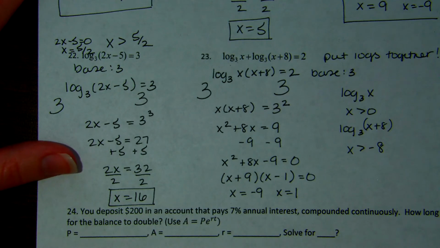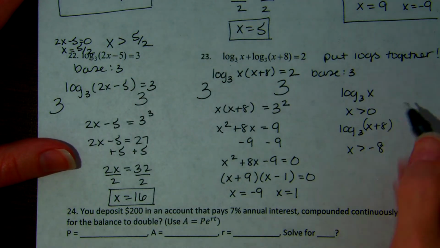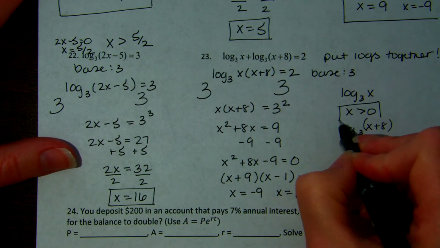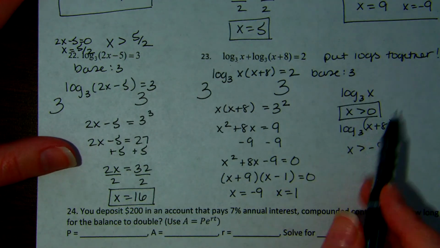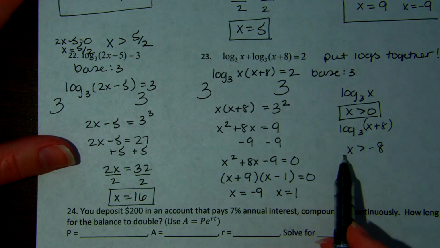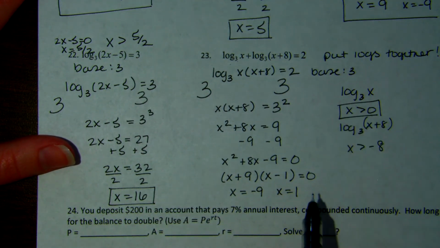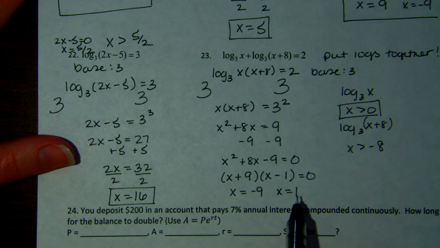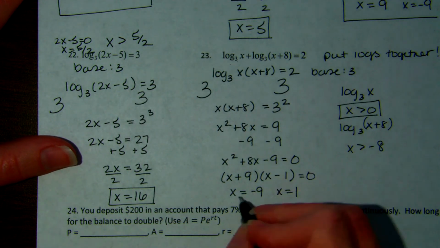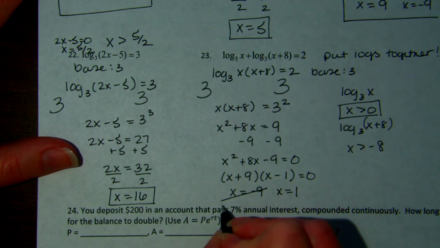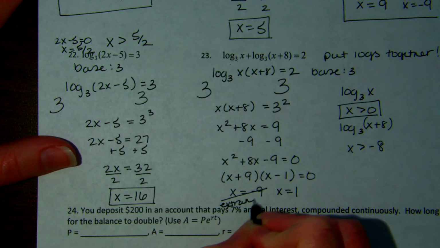And remember, you take the more restrictive of the two, so the one that eliminates more numbers. And in this case, that's x is greater than 0. It gets rid of all negative numbers. This only gets rid of negative numbers after -8. So I take this one, and I look at my solutions. 1 is fine, but -9 is not. So we cross it out and we write extraneous.